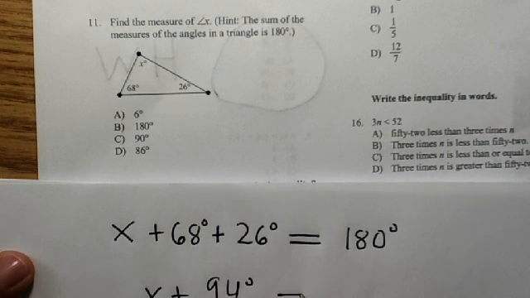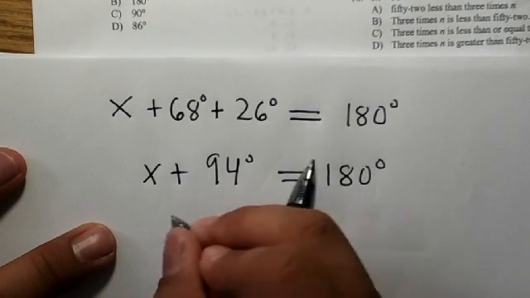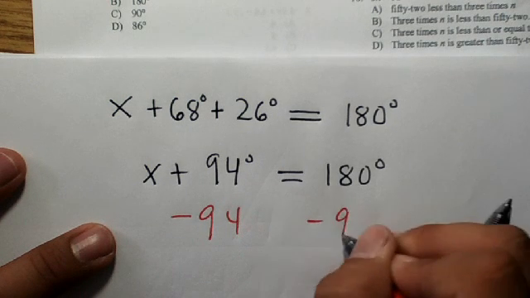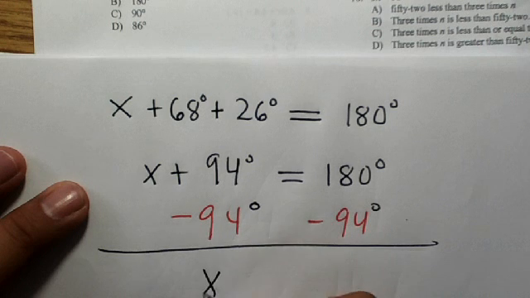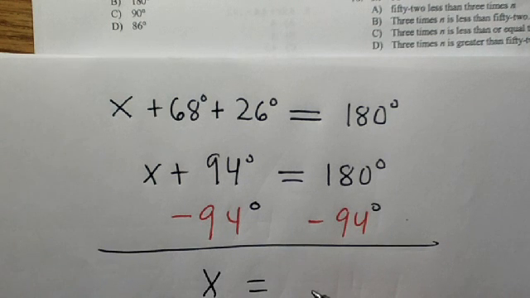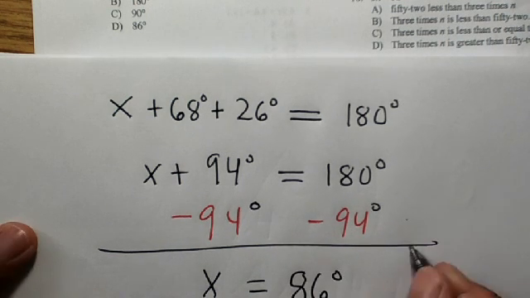X plus 94 degrees equals 180. How do we solve for X? Subtract 94 degrees. X would equal 180 degrees minus 94 degrees. That gives us what? 86 degrees.